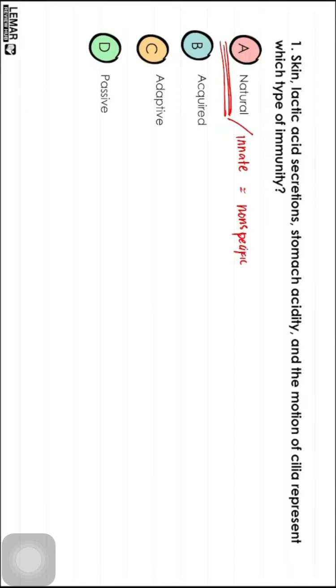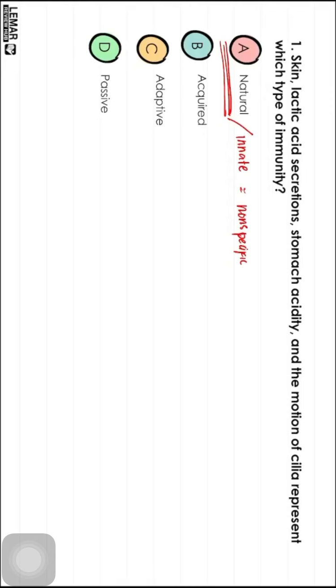Acquired immunity is also known as adaptive immunity. So these are defined by the presence of lymphocytes, either T or B cells, and T and B cells are effector cells that directly destroy a specific antigen.